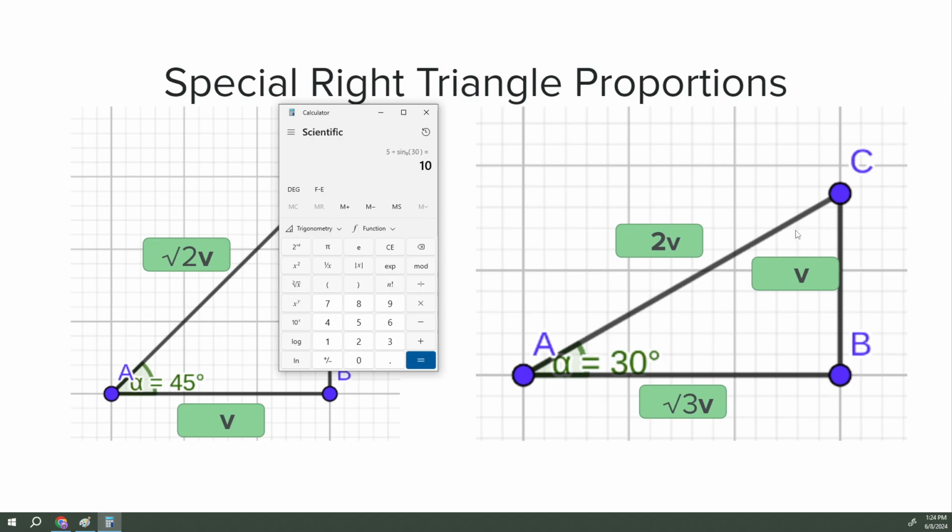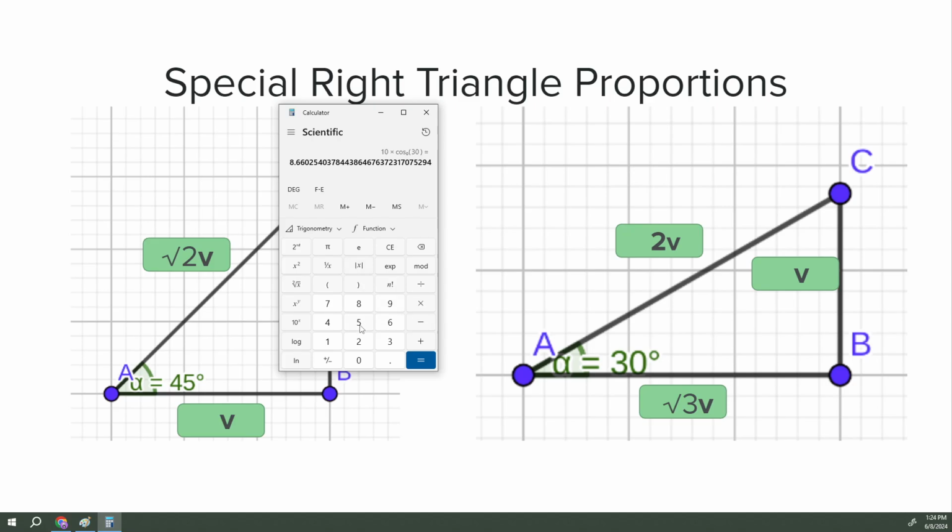And same thing here with the 60 degree. So let's say if this is 5, this is 10. So cosine 30 is equal to blank over 10. 10 times cosine 30, 8.66. Remember that? 8.66.